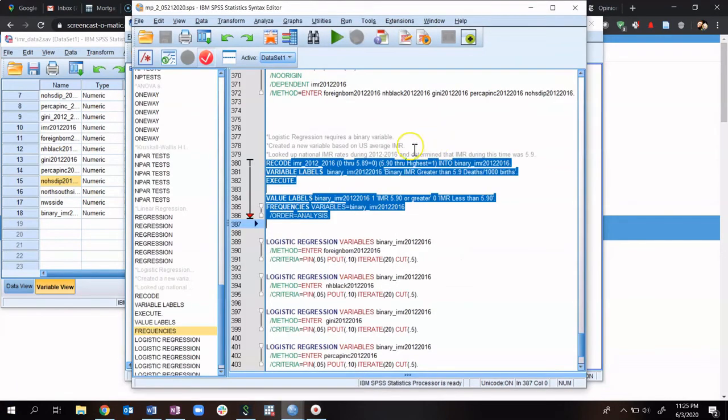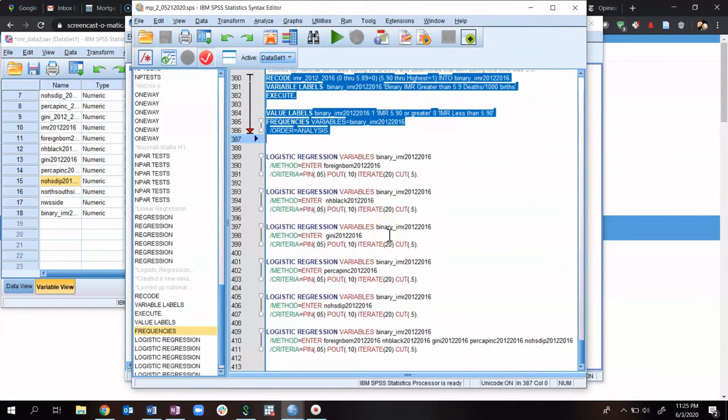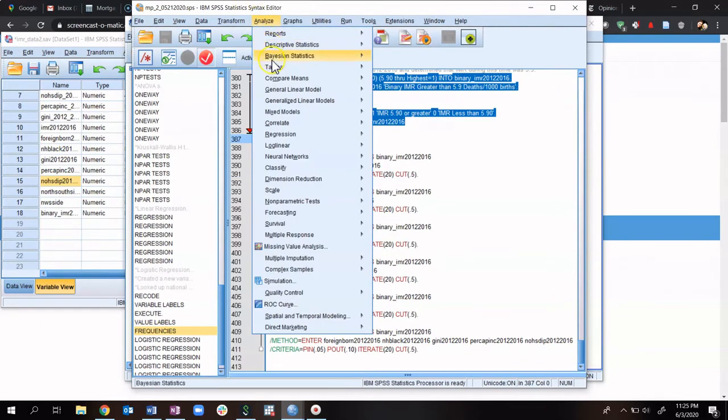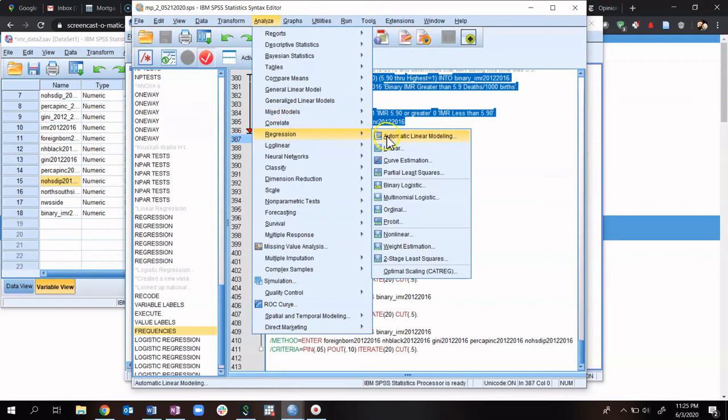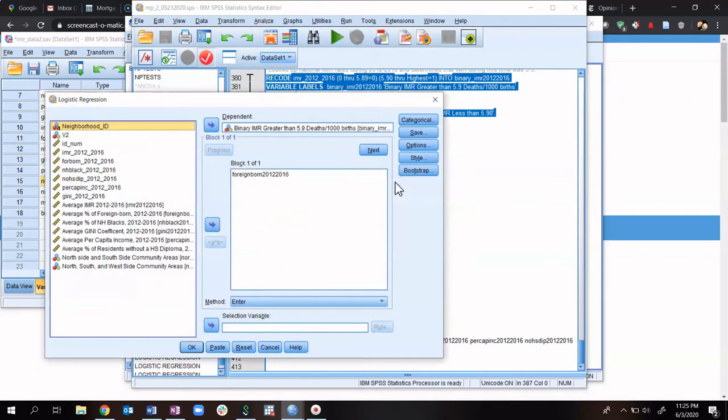All right, so now let's start with the logistic regression. Okay, so the first thing, we're going to get to that by going analyze and then drop down to regression and binary logistic. And just a reminder, if you do this and you get something that looks a little different, it's likely that you just clicked on the wrong regression.